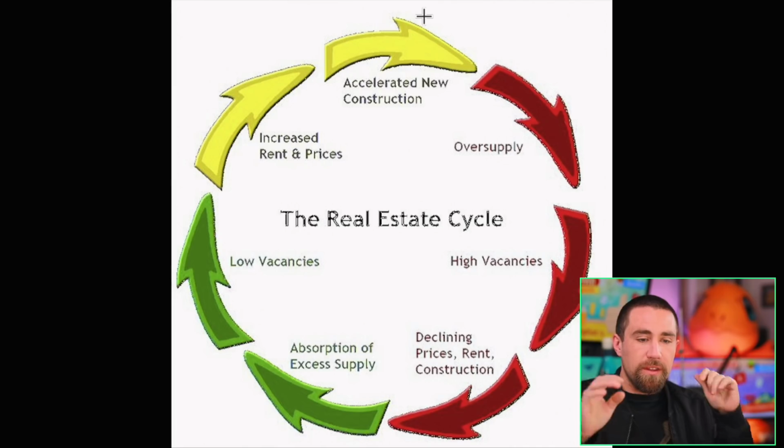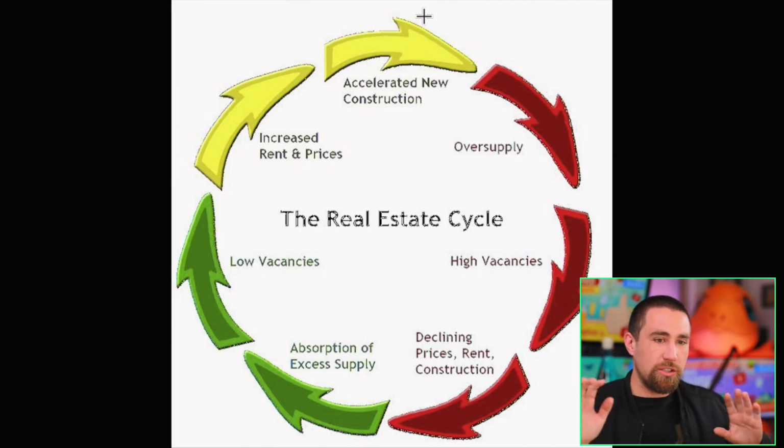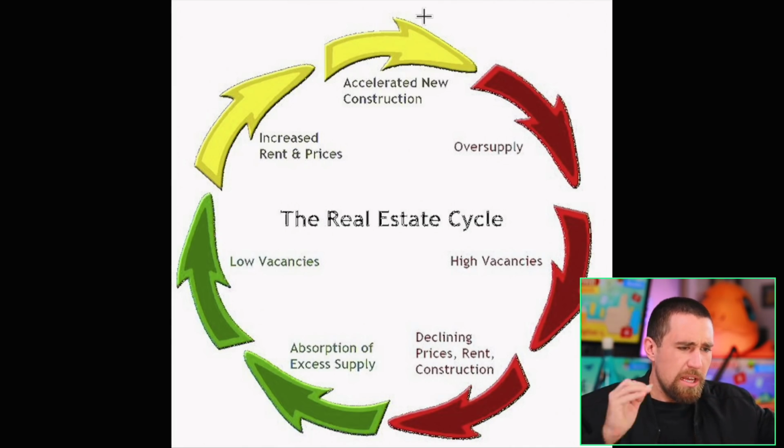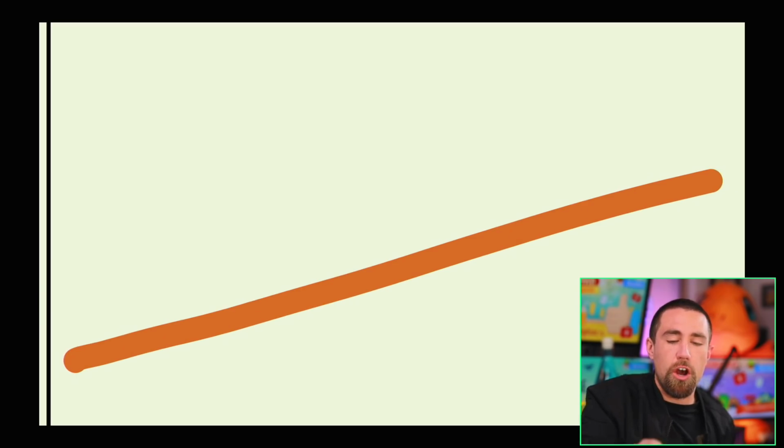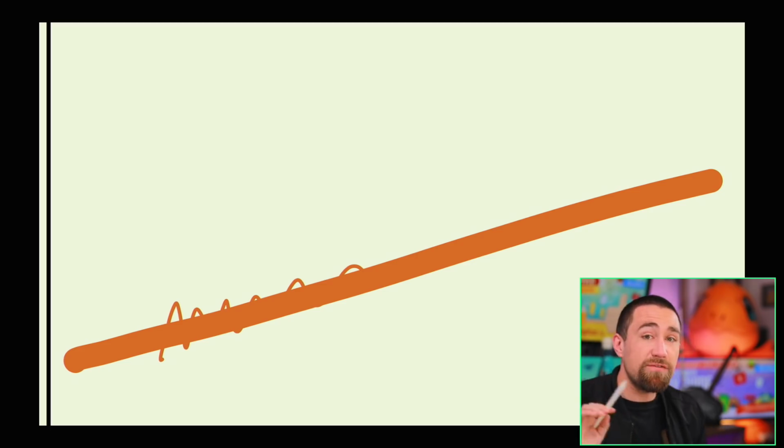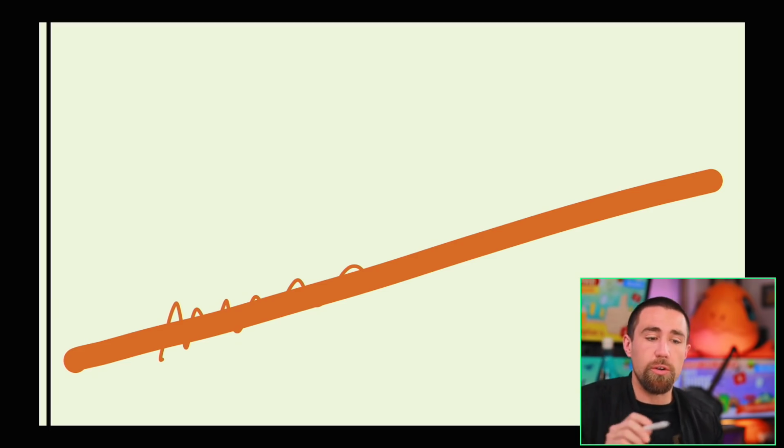See, folks miss this, and this is what's so critical. People like to say, oh, well, I'm a long-run investor. I'm just investing for the long term. Look at the S&P 500 over the long term. It's basically like this, and all the little gyrations are this. That's fine. That's totally true.